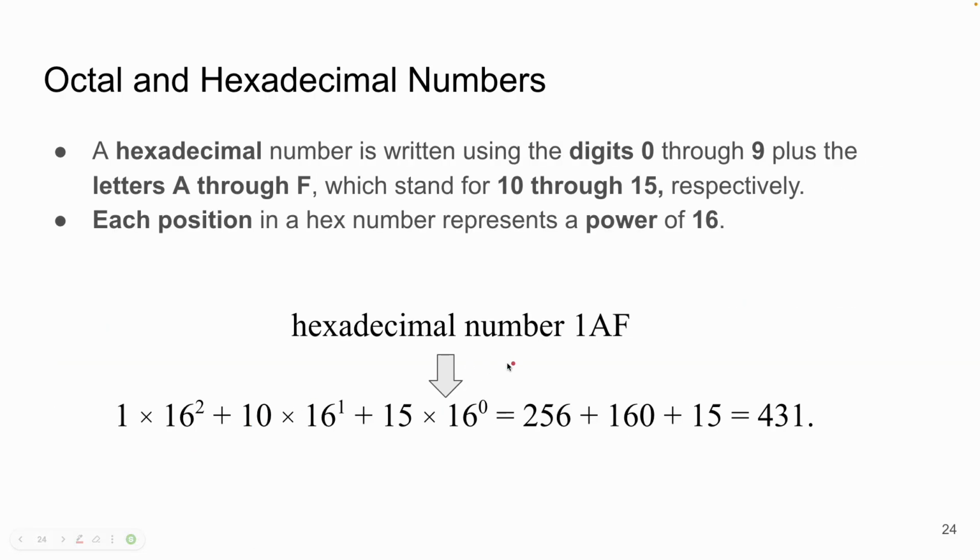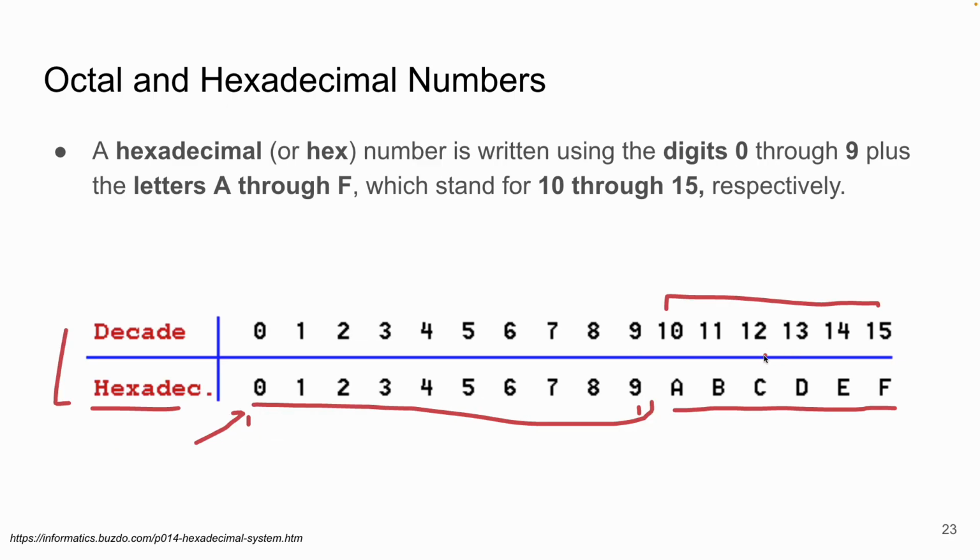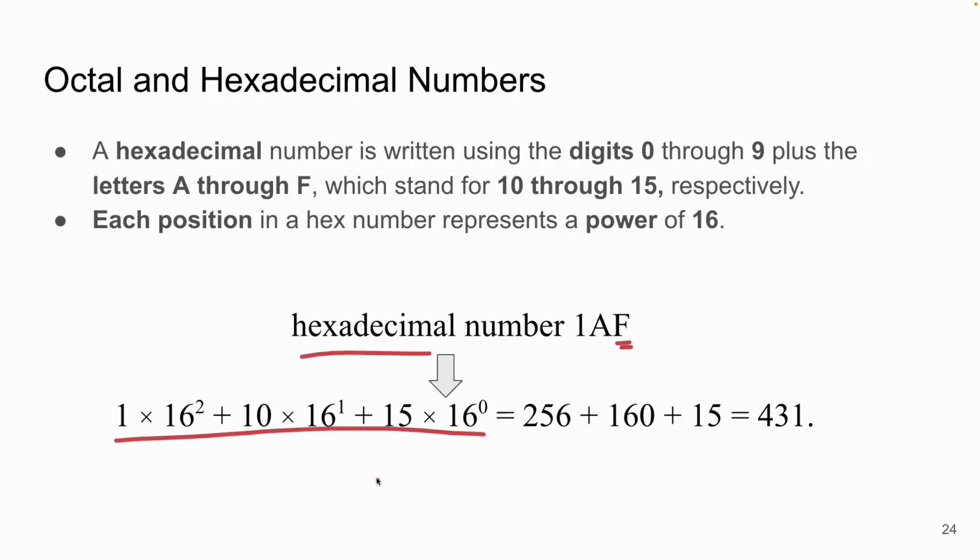And to calculate the hexadecimal number back to the decimal number, we just apply the same strategy here. So we need to identify what value the letter F represents. F represents 15. So that is why we multiply 15 with 16 to the power of 0 here, because it is in the first position.